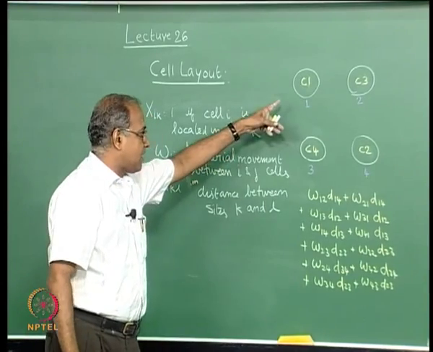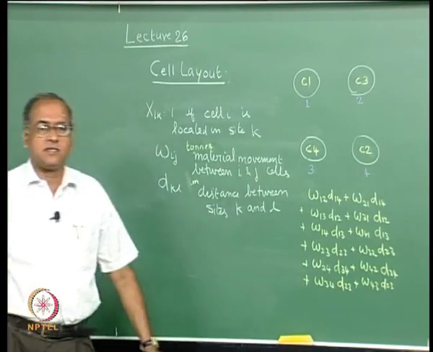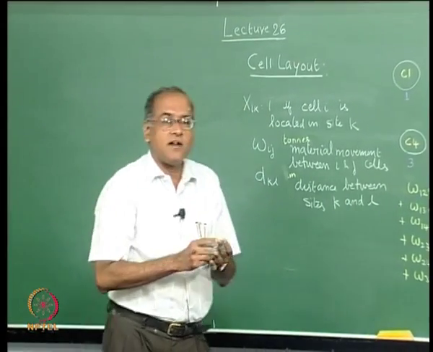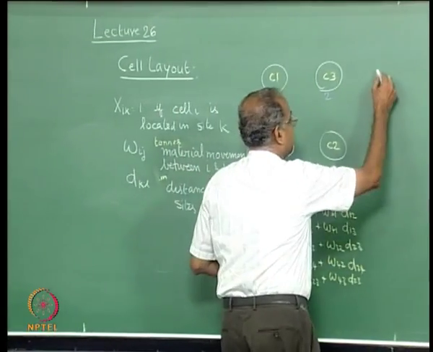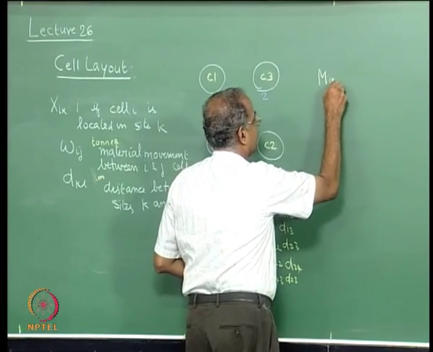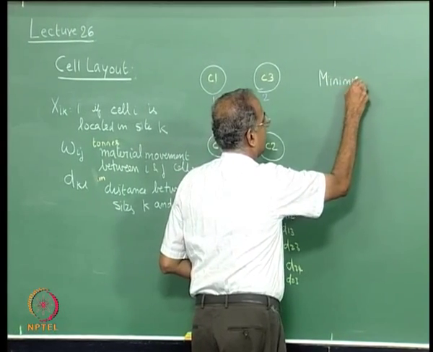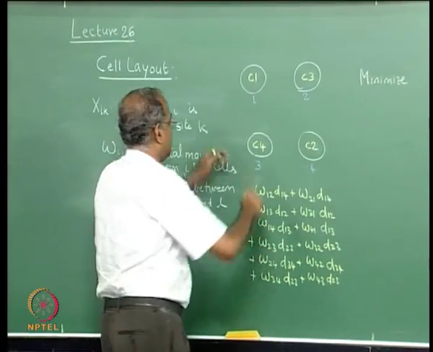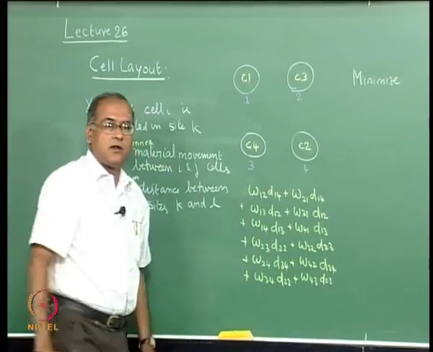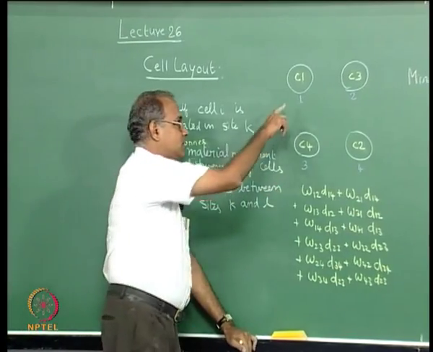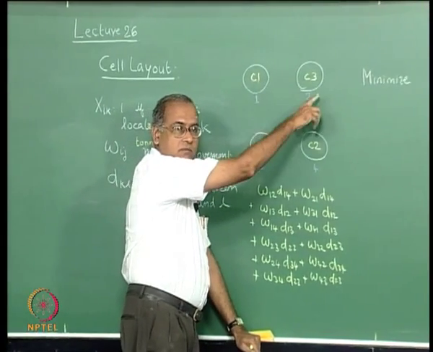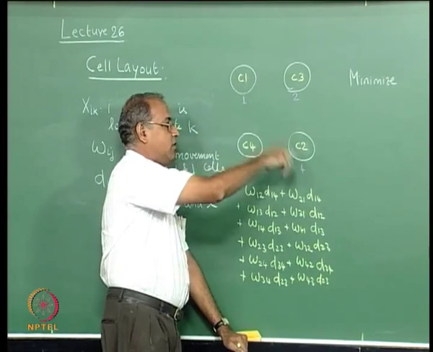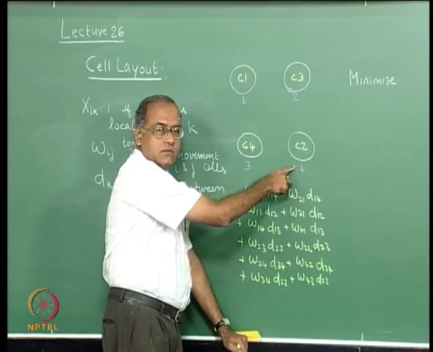So, given a certain allocation, I can find out this. What is the allocation that will minimize this? So, what are we trying to do? We are trying to minimize, now what is the load between cells 1 and 2? W12 into the distance between cells 1 and 2, W12 d14.